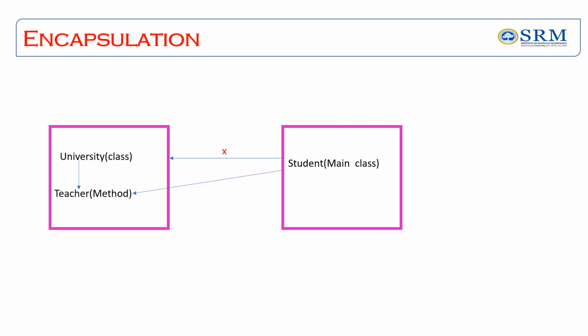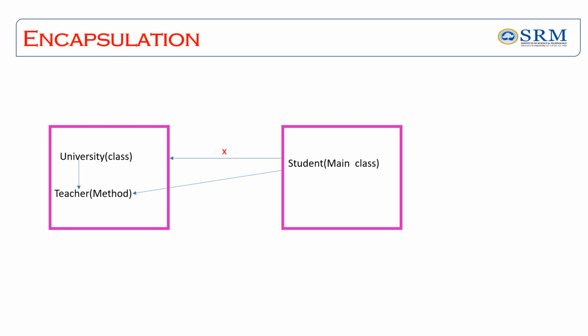Through the teacher he can enjoy the facilities of the university, but the student cannot directly access the university's private information. So if the student wants to know any information, he can achieve that with the help of the teacher, but he cannot access the privacy-related information of the university directly.